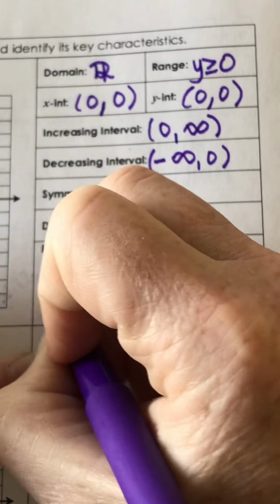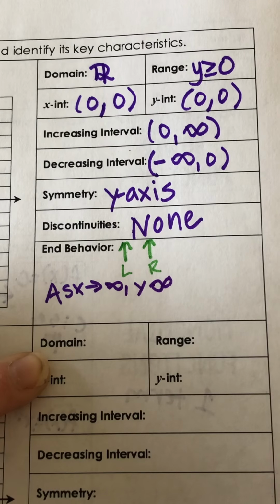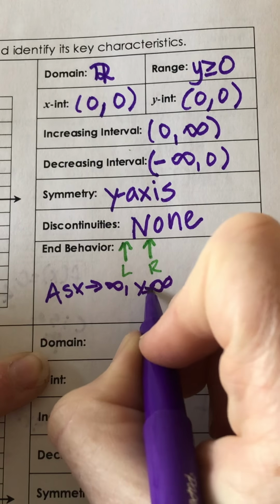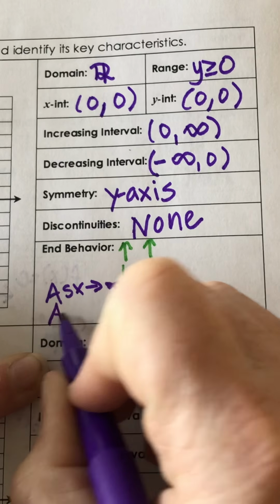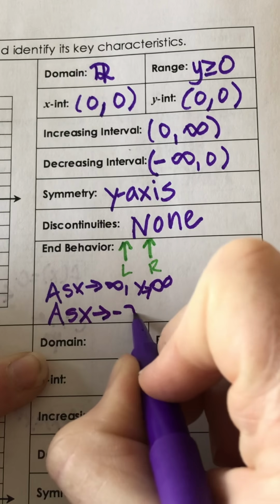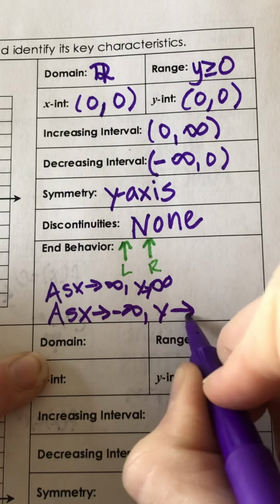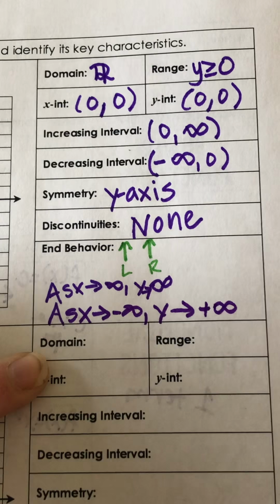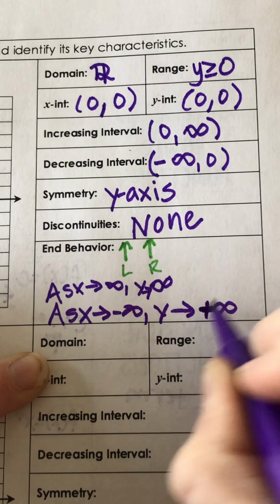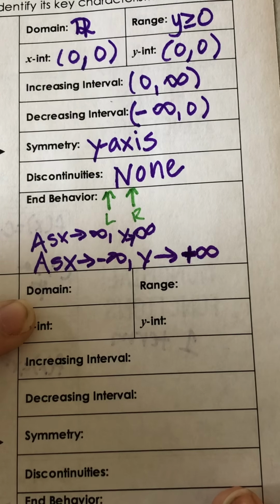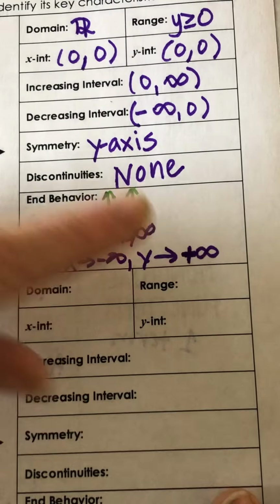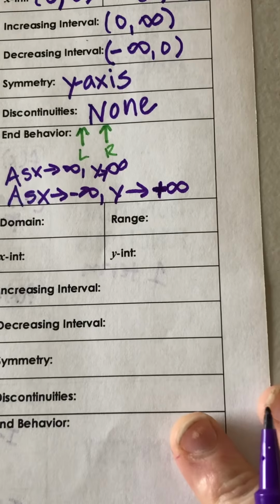So as x approaches infinity, y approaches infinity. Oops, I forgot my arrow. There we go. And as x approaches -infinity, y approaches positive infinity. Oops. So they're pointing up and up. Sorry for my mess ups. All right.